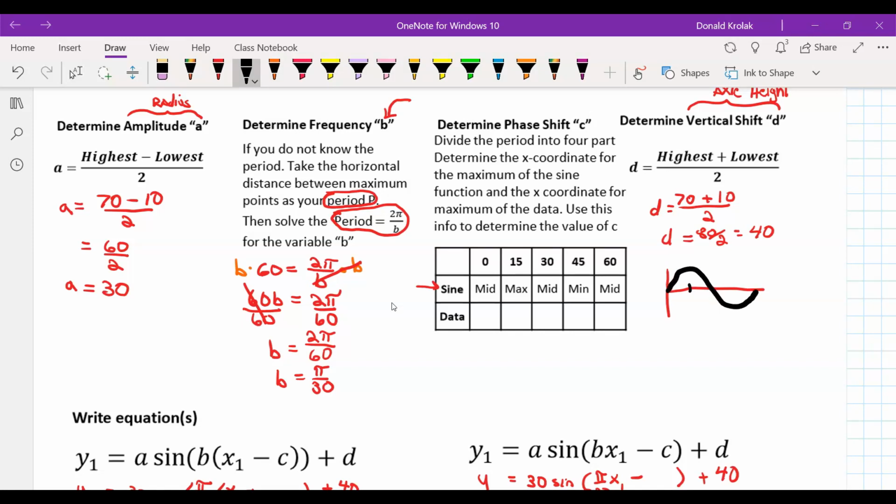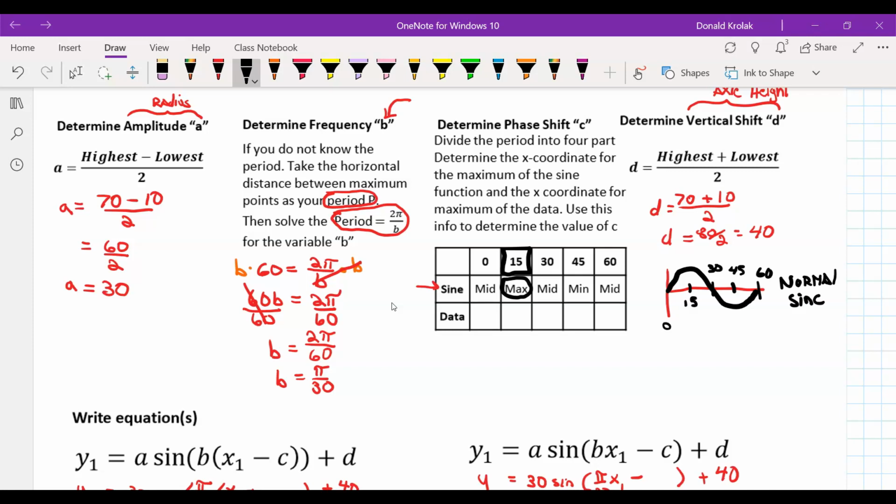If I divide this into 4 parts, the first part is where the first max is. So the max for a regular sine, it's always going to occur at the second mark here. Okay, this is 0, this would be 15, this would be 30, 45, 60. That's a normal sine curve.